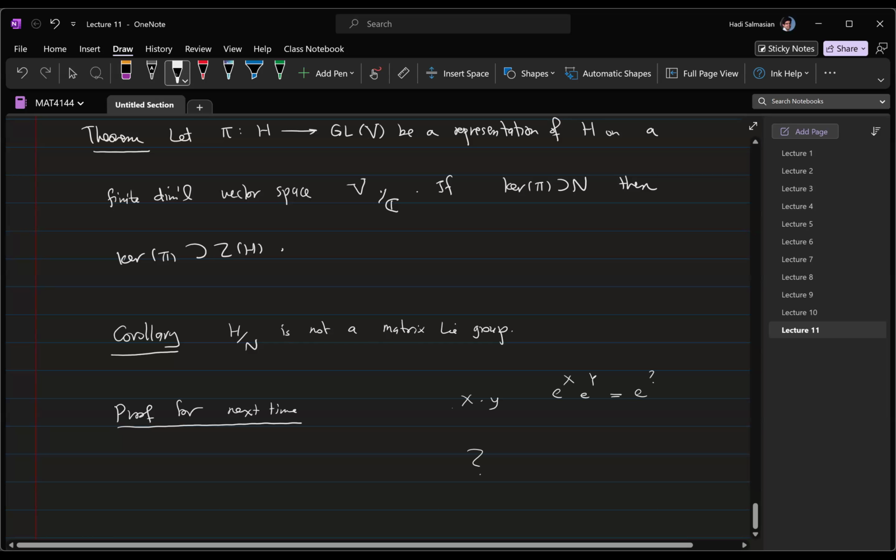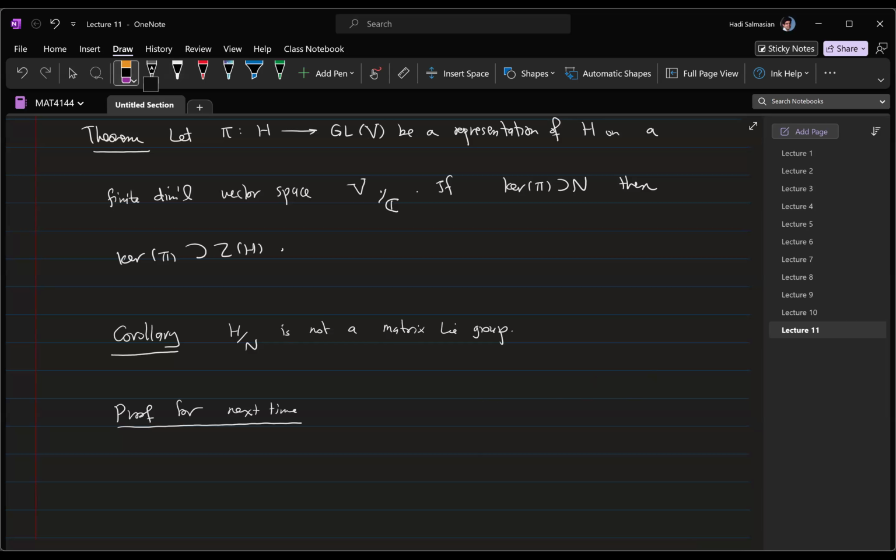It is not e to the x plus y in general, but there's some complicated formula called the Baker-Campbell-Hausdorff formula, which is a power series. That power series is extremely important in understanding the connection between the groups and the algebra. It's basically a gateway to the theory of formal groups.